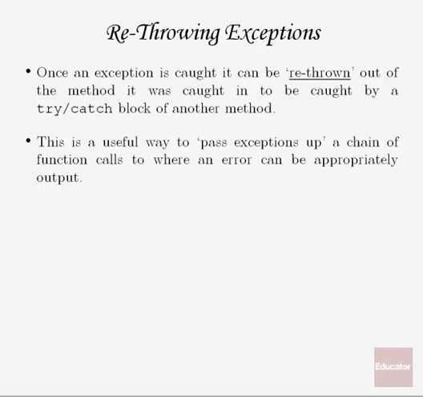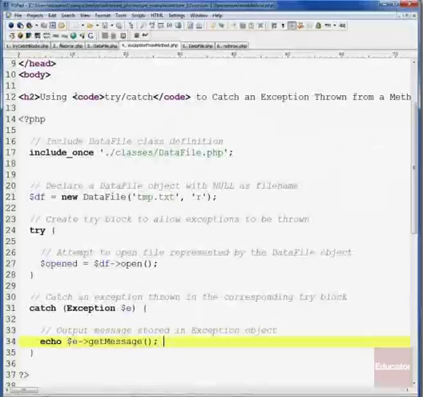Well, what you can also do is, if you have a method that has a try-catch block in it and it catches an exception, it can throw the error again, which is going to throw it to whatever called that method. Basically it's like a chain of throws where you can pass it up to wherever you eventually want to handle it. It's more easily understood if we look at an example.